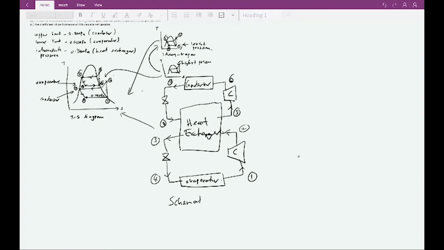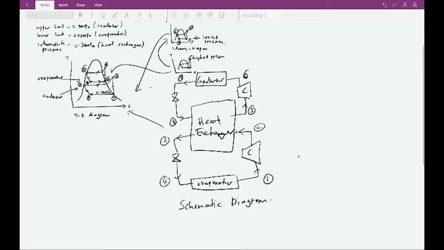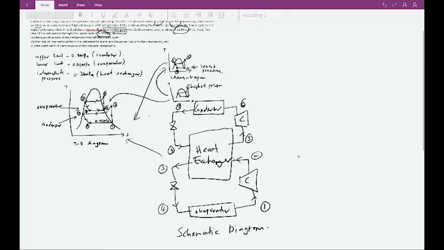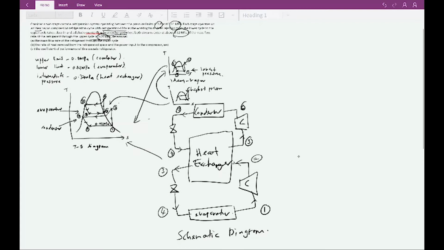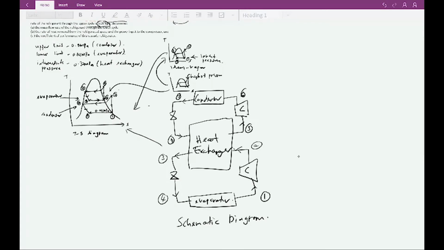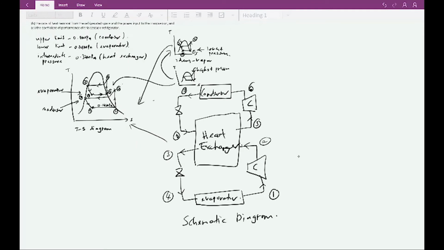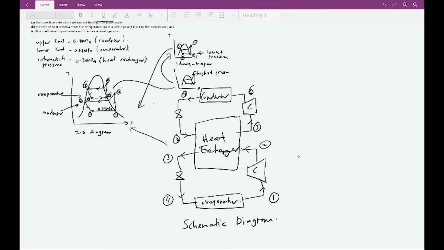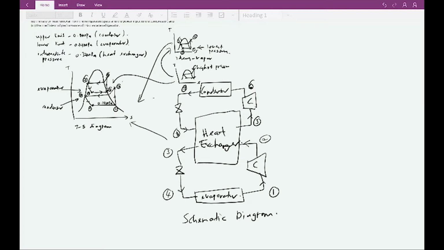Okay, because after this, these two diagrams are important when we want to refer to our states. So the first step to solve this problem after sketching these diagrams is to find the enthalpy of each of the states 1, 2, 3, 4, 5, 6, 7, 8.